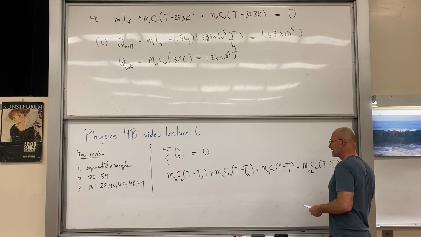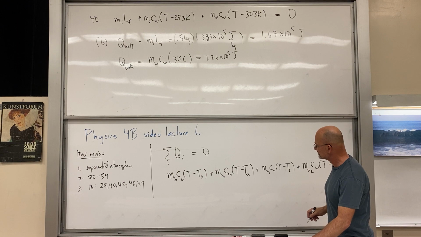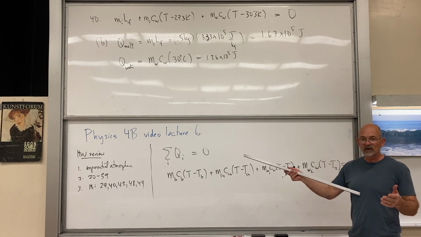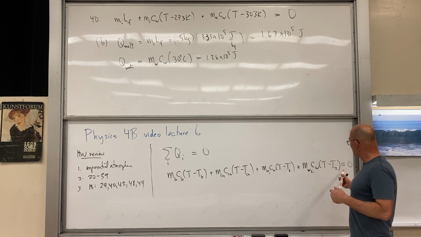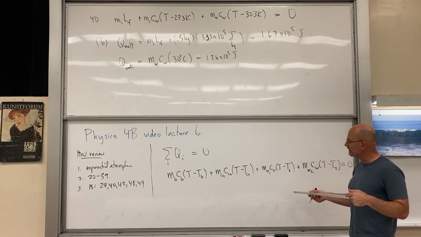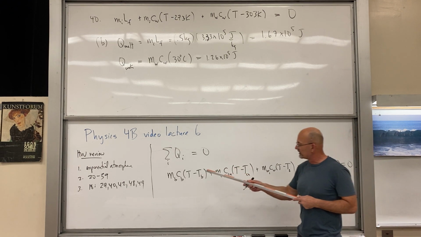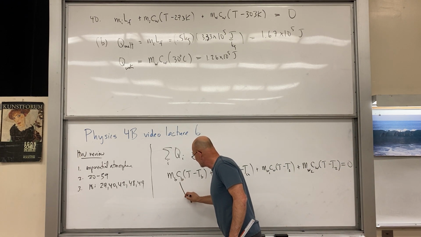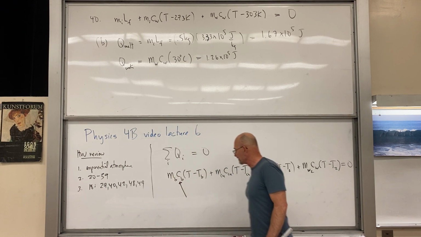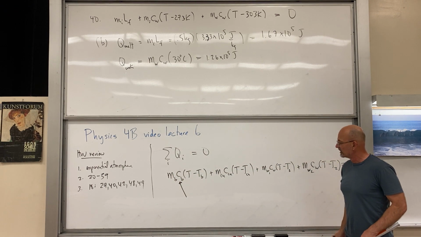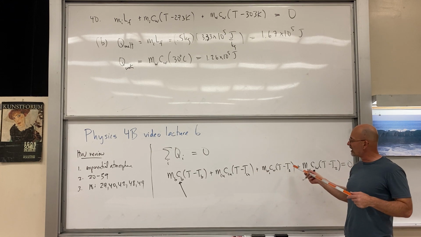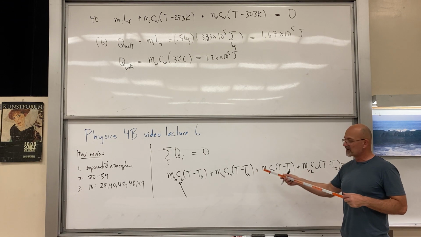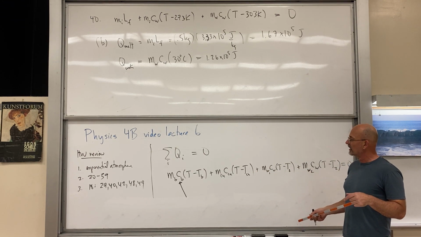Okay, so that equals 0. And it's one equation, so you can only solve for one unknown, and all these temperatures were given, and what we wanted was the specific heat of that block. So conceptually, no problem. Practically, punching in a lot of numbers.